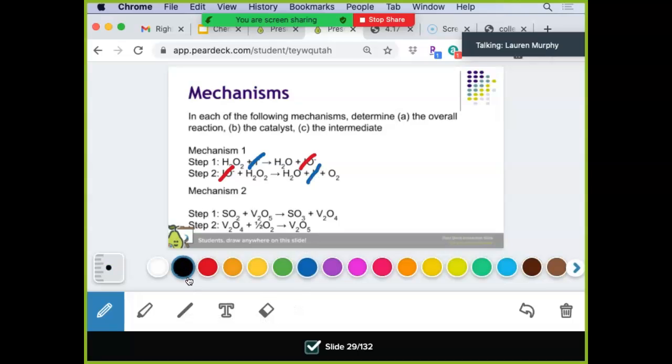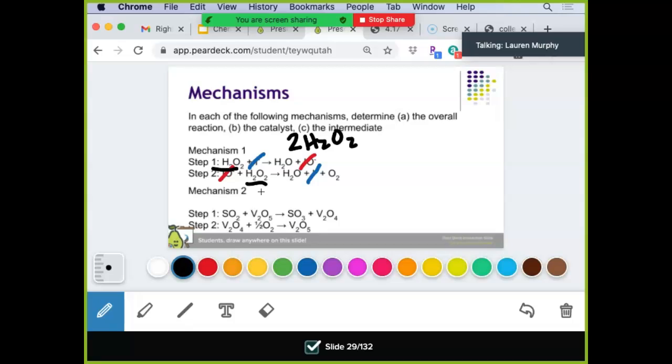So now for the overall reaction, we write what's left over. There's H2O2 on the reactant side, and then there's another H2O2 on the reactant side. So there's 2 H2O2s, one here and one here, both reactants. Be careful, these are not H2O2, these are H2Os.